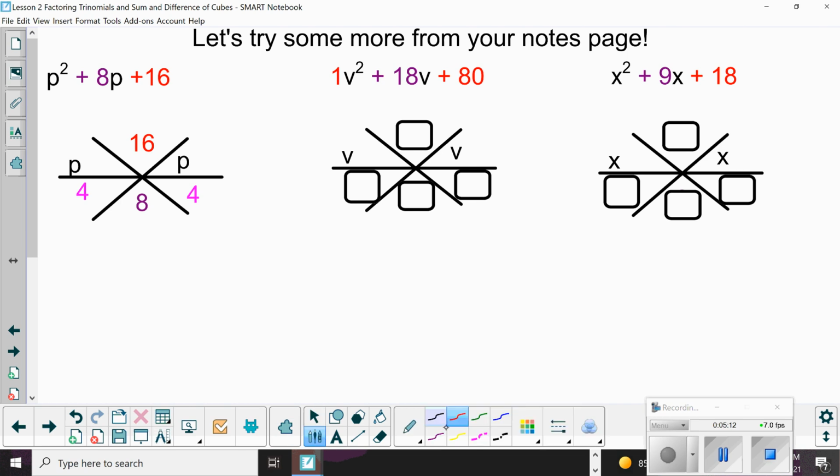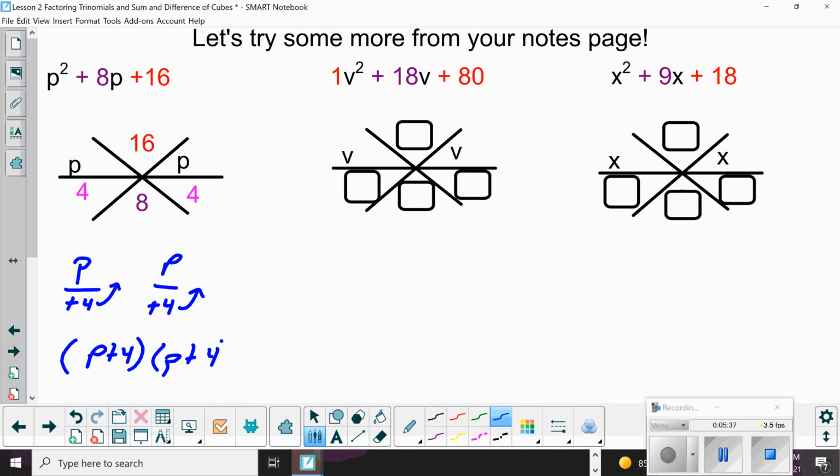Now I can take these and say I've got P over positive 4 and P over positive 4. Neither one of these fractions reduce, so I simply do bottoms up, and I have P plus 4 times P plus 4.